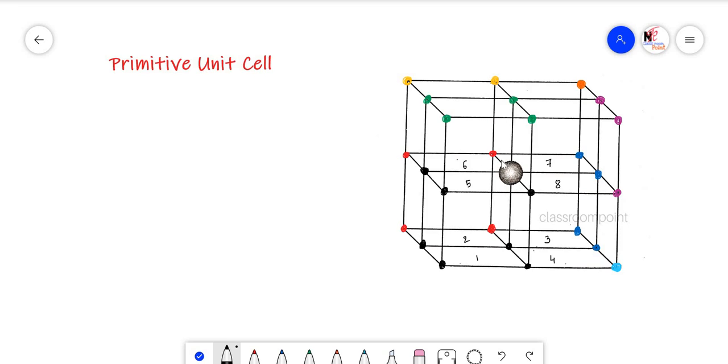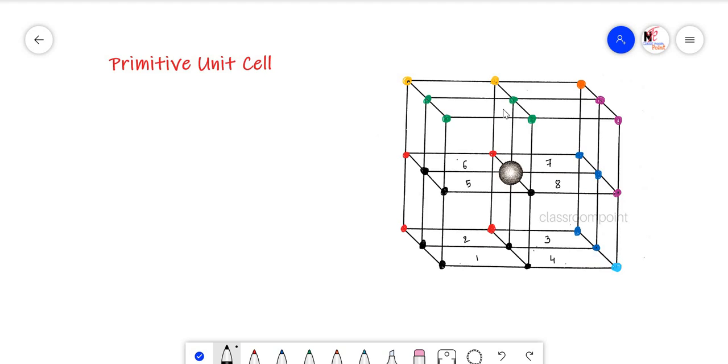So its contribution towards each unit cell is 1 by 2. Whenever you add 2 more on that side, this corner atom is shared among the 4 unit cells, numbered 1, 2, 3, 4. The 5, 6, 7, 8 belong to the top unit cells placed over this unit cell. So here the contribution of this atom towards a particular unit cell is only 1/4.